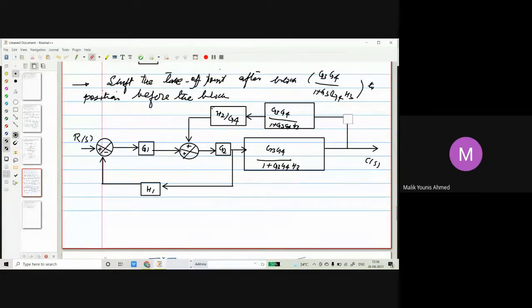What we have to do here, so let's try to. This block is, what we are doing. Okay, this block.